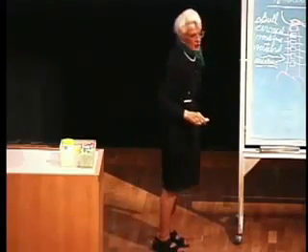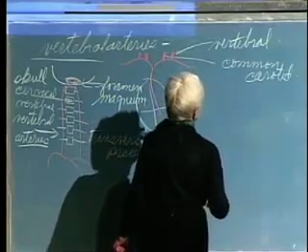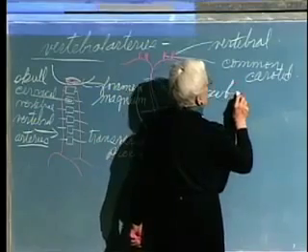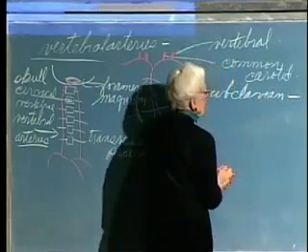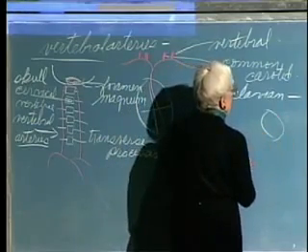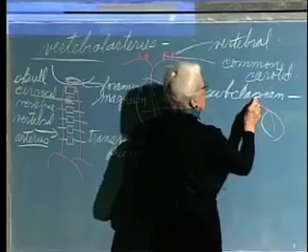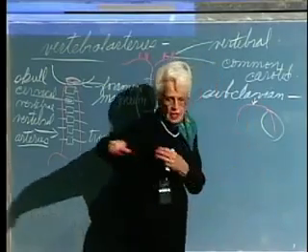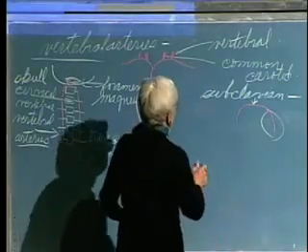All right? Let's continue on then with the subclavian. The subclavian then will come around, and as it comes to the axilla, it's going to change its name to the axillary artery.